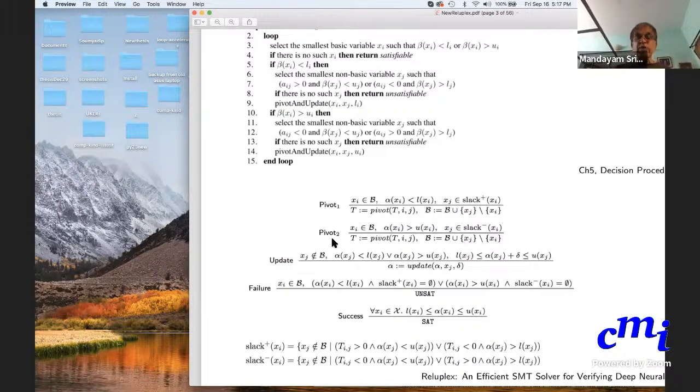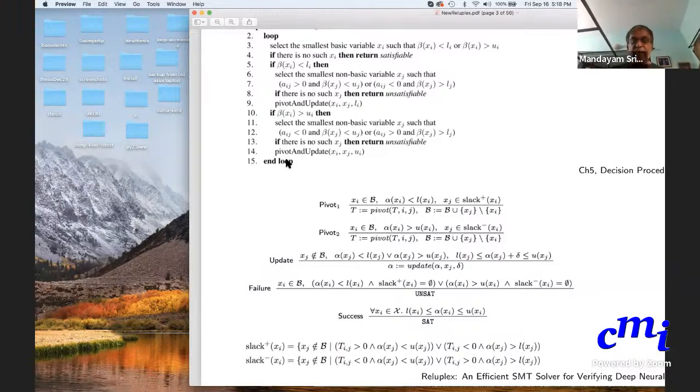In the inference rules, the order in which you apply them is not explicitly stated. It seems like it gives you more flexibility in the way that you apply them. For example, you can keep on pivoting, and then you do an update. But the standard strategy used by the simplex procedure is that after every pivot, you do an update.